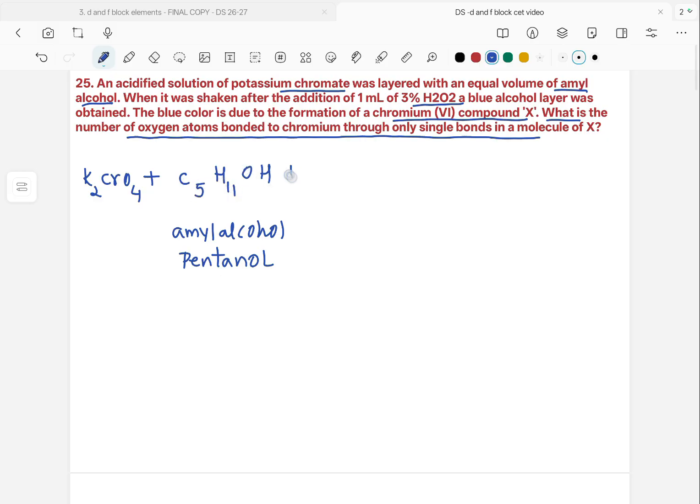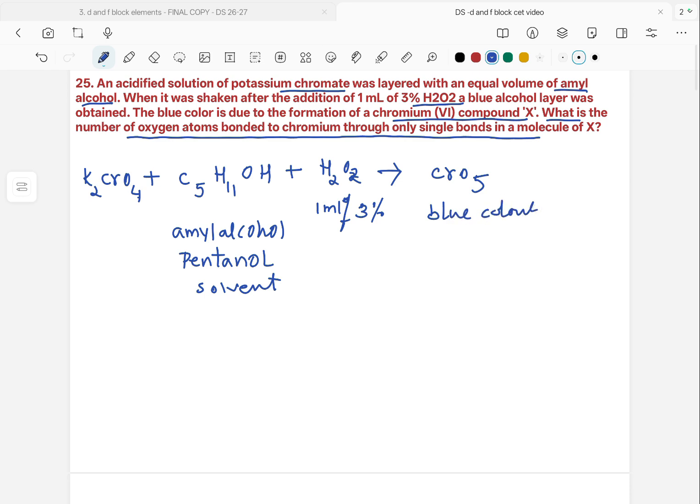When it reacts with 1 ml of 3% hydrogen peroxide, a blue alcohol layer was obtained. The blue color is due to formation of a chromium 6 compound. Chromate ion in the presence of alcohol and hydrogen peroxide: here amyl alcohol acts as a solvent. In the presence of this solvent, chromate will form chromium pentoxide. This chromium pentoxide is blue in color.